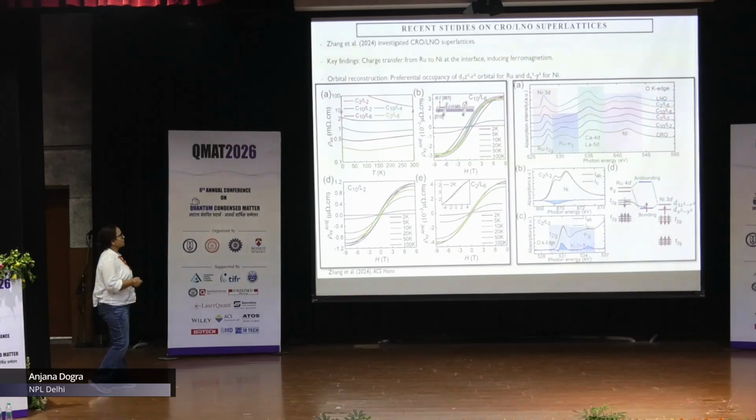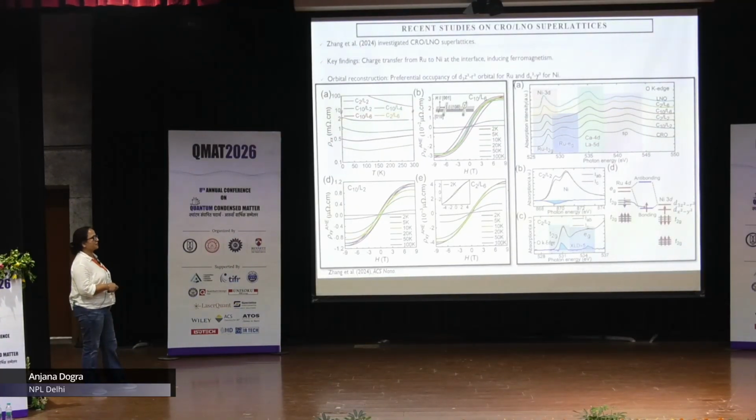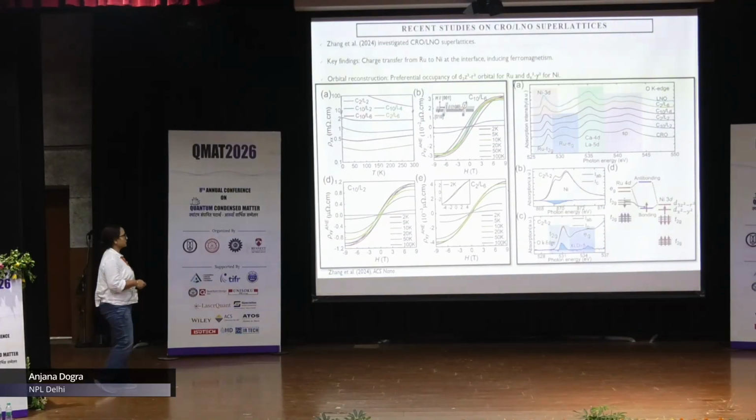So, when we talk about CaRuO3 LNO superlattices, this is one of the papers, in ACS Nano 2024 by Zhang et al., where they have shown that when they change the layer thickness, like this is C2L2 and you have C10L6, you can see the conductivity. It is kind of metallic, but it goes to semiconducting nature.